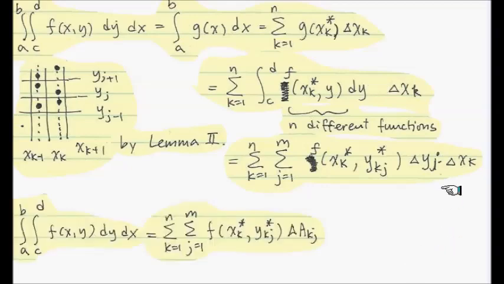Now if you look at this delta yj times delta xk, that's exactly the area of this tiny piece right there, so we can rewrite it as delta akj. Once you write it, it looks just like the Riemann sum of that one, the Riemann sum for the double integral. And the magic is that this double iterated integral here is exactly equal to some special Riemann sum like this.